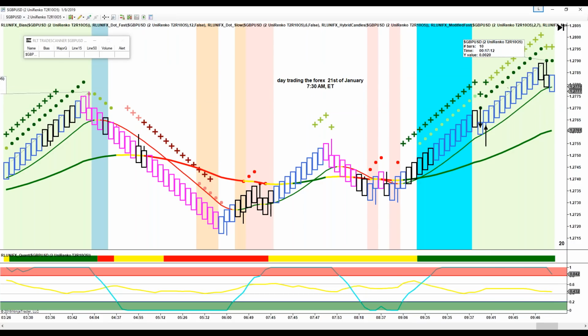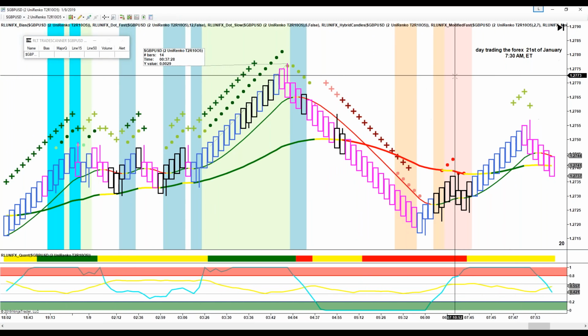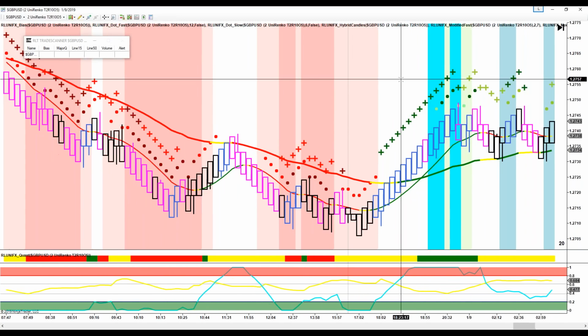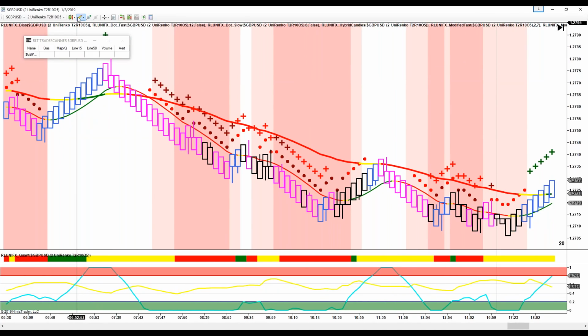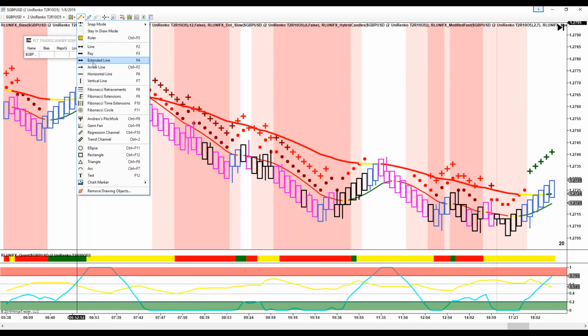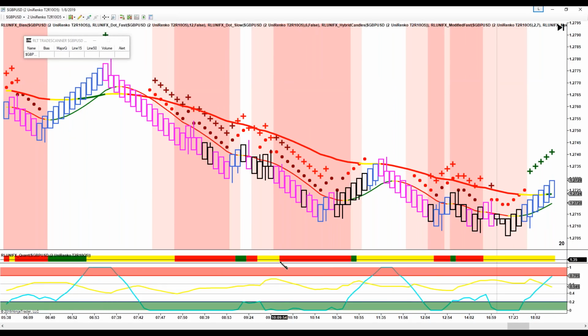If you program in your 3 targets, this one went 20. The average move on the pound dollar is about 20 pips. If you get a good move, like right here, let me see if this is a potential entry. See, this is locked short here.